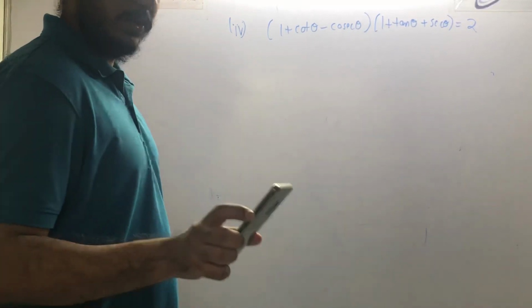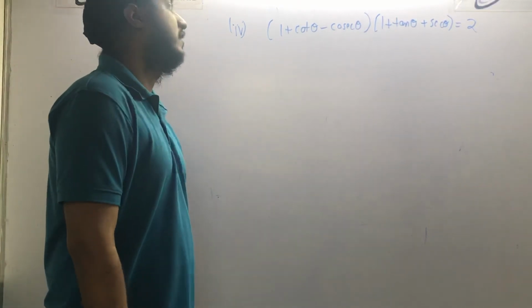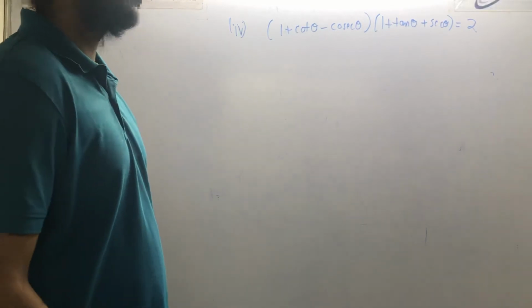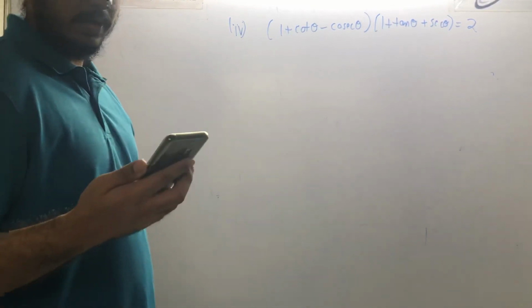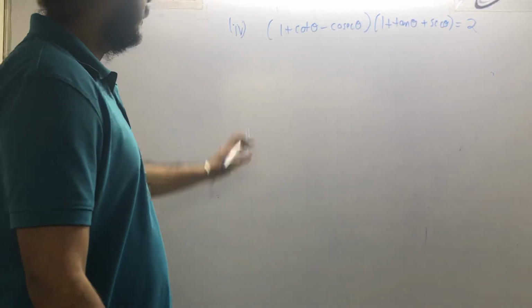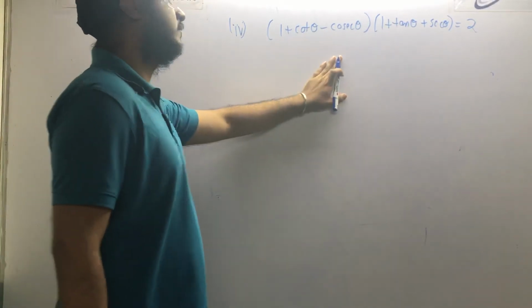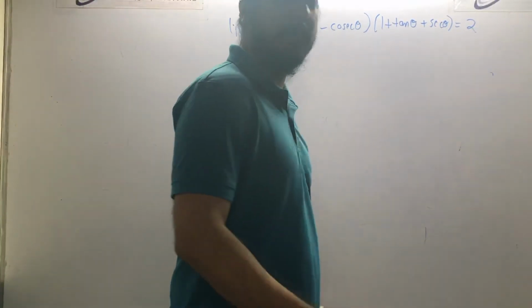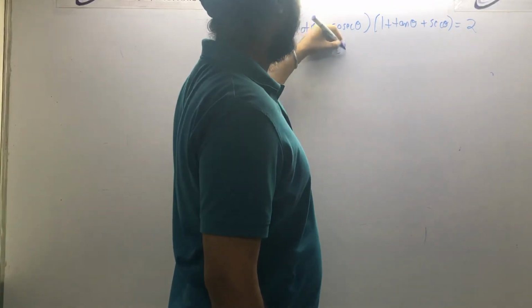Okay, so you will start with the left hand side. Okay, now look carefully here. Which side will you start? Left hand side. Now right hand side is already 2, so you cannot simplify that further. So I will start with the left hand side.